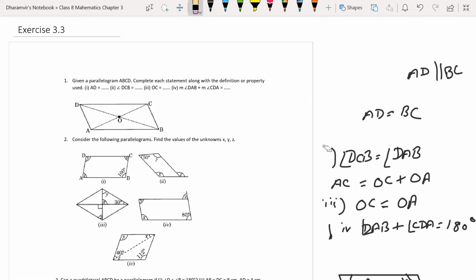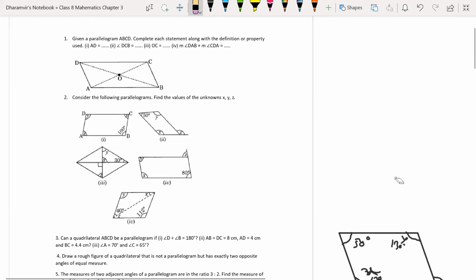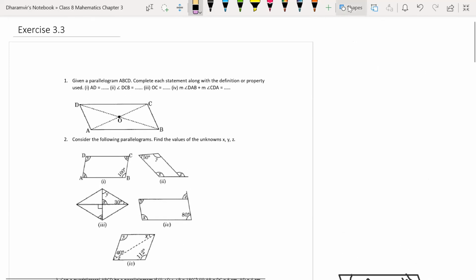Now, consider figure 3. X, Y, Z and angle 30 is given. So we have to make a triangle. Third figure.